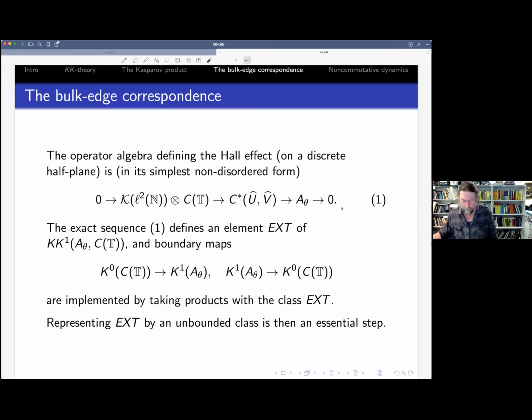Now, I briefly mentioned this, and it's another long story. When you have a short exact sequence, you actually get an element in KK, and there's a little 1 there. What the 1 means is I could just talk about KK and tensor on a Clifford algebra here if I want to, or something like that, but we're not going to worry about it today. The question is, how do you represent that extension class as an unbounded Kasparov module?